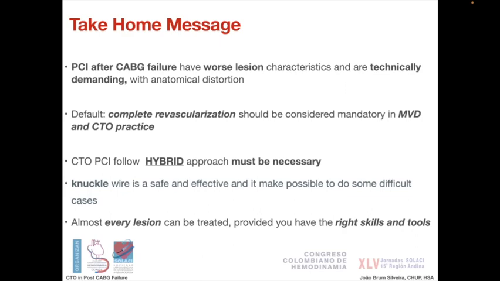This is the knuckle that saved me and let me do the case safely, with efficiency and efficacy at the end. And almost every lesion can be treated provided you have the right skills and the tools. As was said in the previous talk, we need to have the skills, we need to have the tools, but you need to have a team.